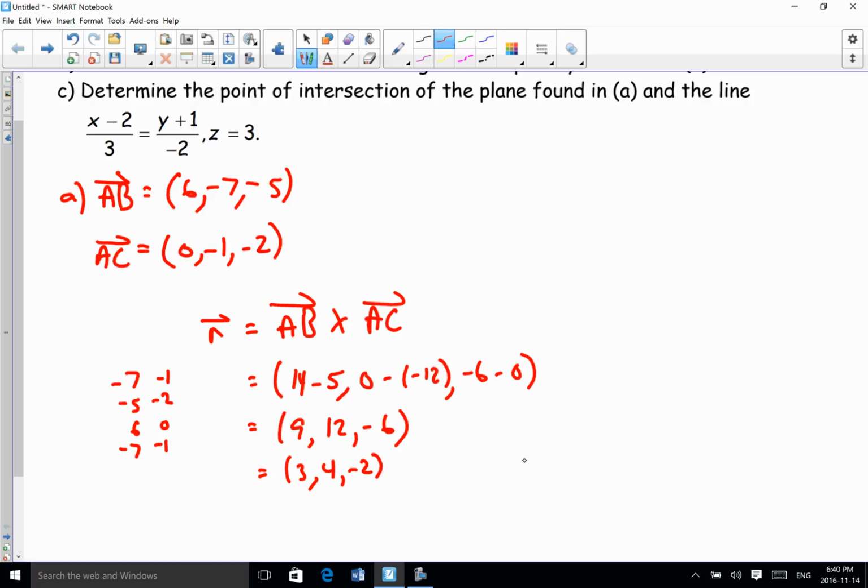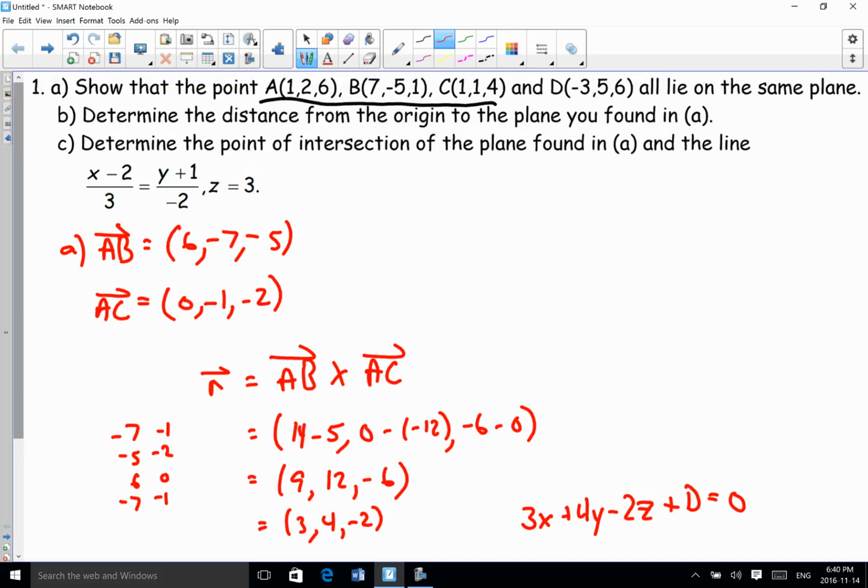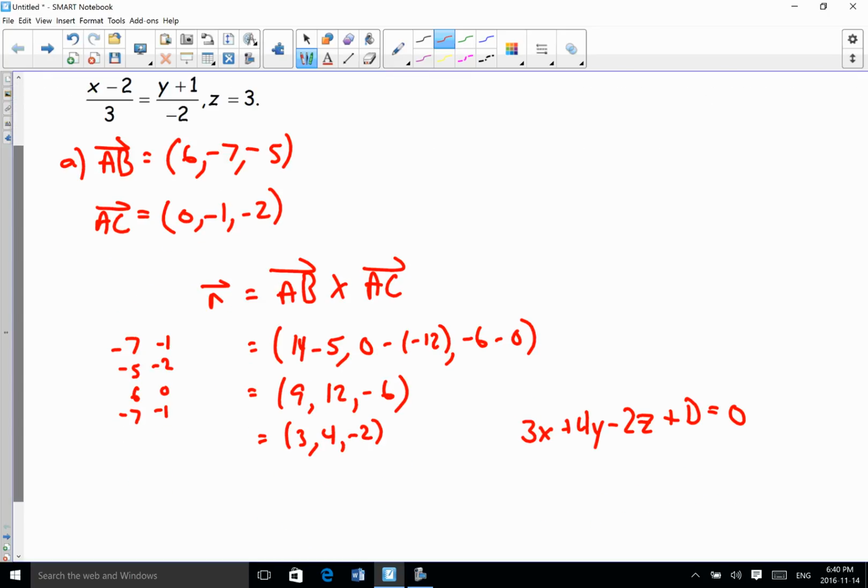Okay, so we're making ourselves a Cartesian equation, so 3x plus 4y minus 2z plus some value d equals 0. To figure the d, we have to use one of the points that we already used, so A, B, or C, your choice. I'm going to use A, so 1, 2, 6 for x, y, z. So 1 for x, 2 for y, and 6 for z.